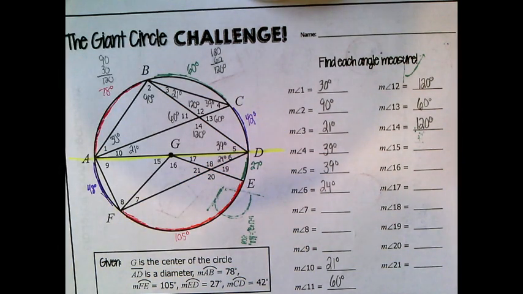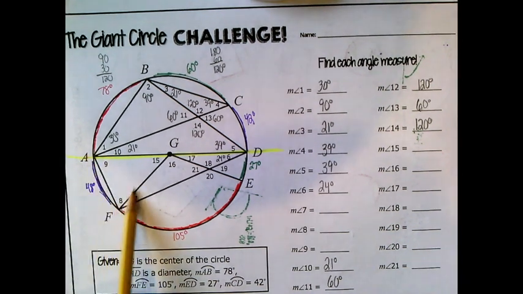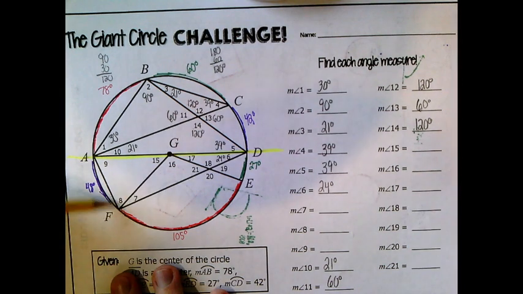Angle 7. Can we do 7? Sure, we can do 7. No, we cannot do 7 yet. We're going to have to skip 7. We're going to have to come back to it. Let's see if we can do angle 8. Nope, can't do 8. Let's see if we can do 9. Yeah, we can do 9.